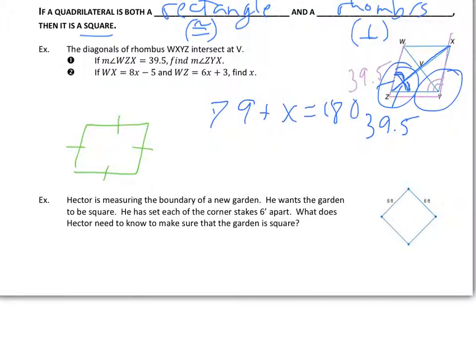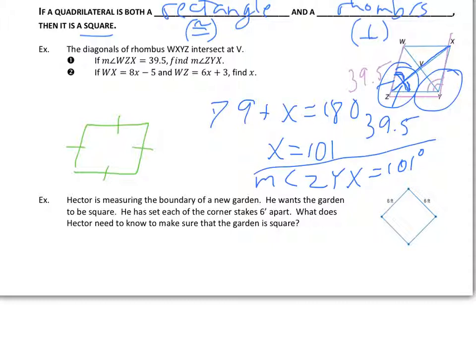So to find out what that angle is, the one we're looking for, we subtract 79, and we get x equals 101. That's the measure of angle ZYX. Okay, and the other part of this question says, let me erase this.